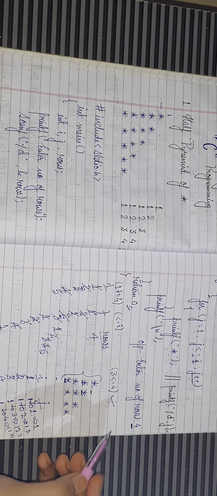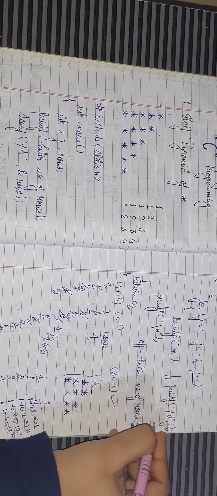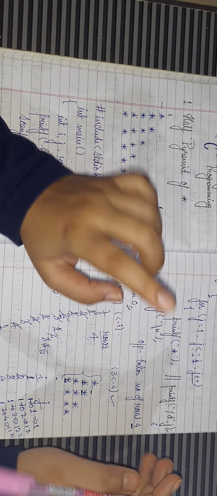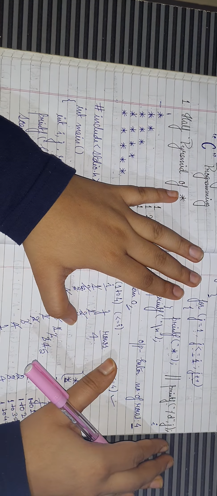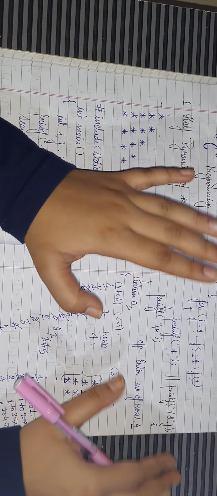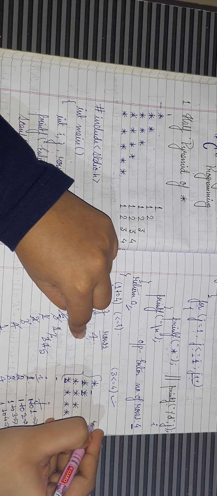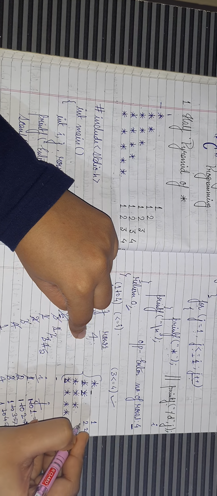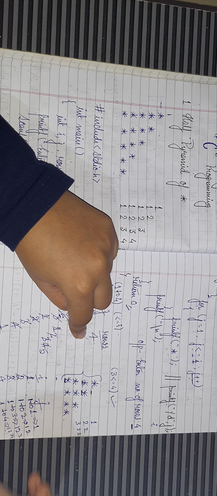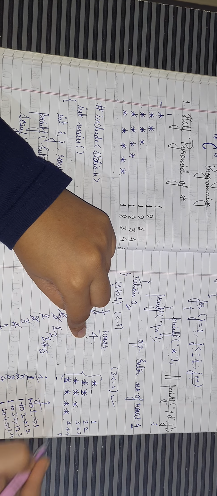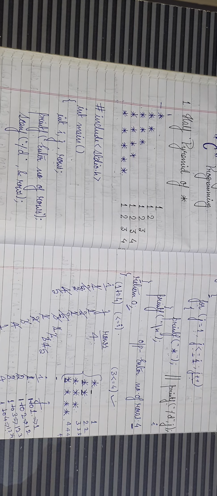If instead you had written i here, what would the pattern have been? So trace it once, execute it once, and you will see a pattern of 1 2 2 3 3 3, and then 4 4 4 and one more 4, like this.